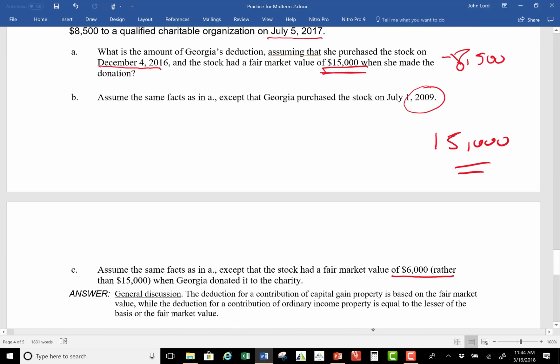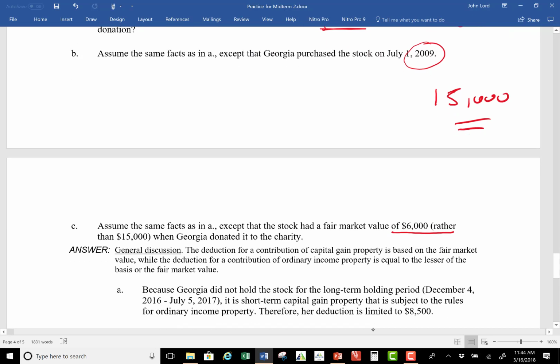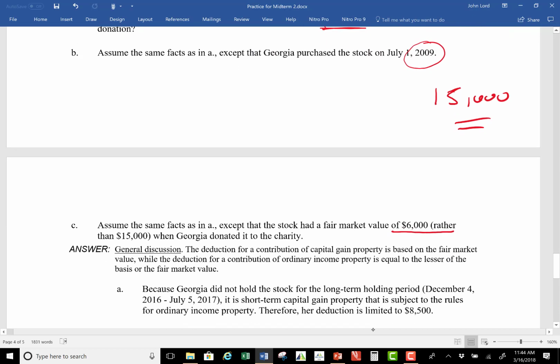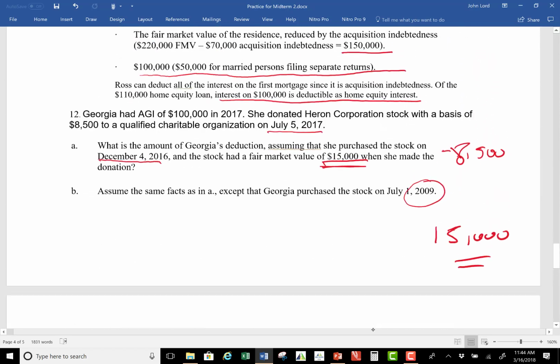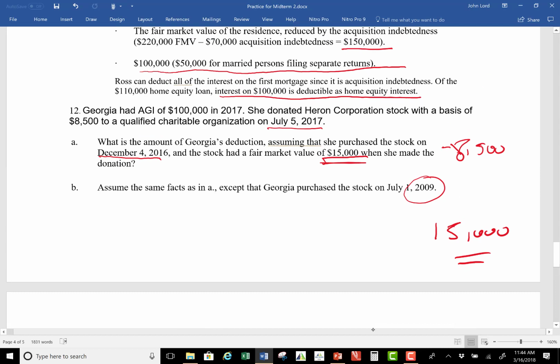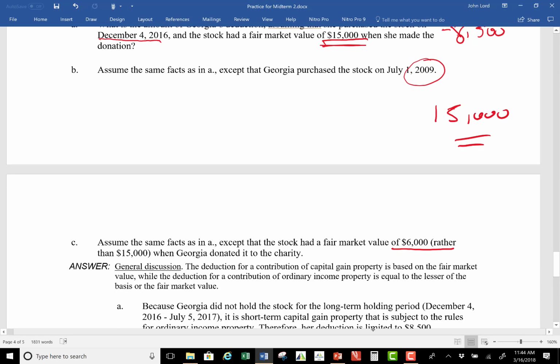Yeah, if she held the stock for more than 12 months, in case C, she'd still be limited to the 6,000. If the fair value is less than the basis, then it's the fair value.